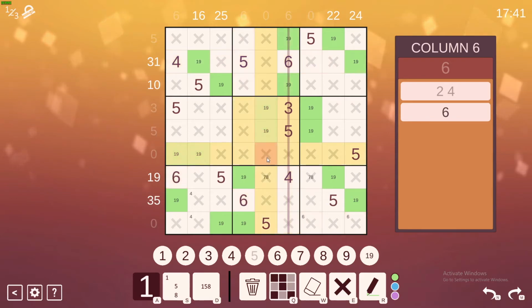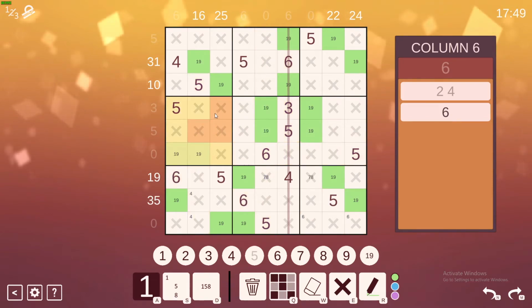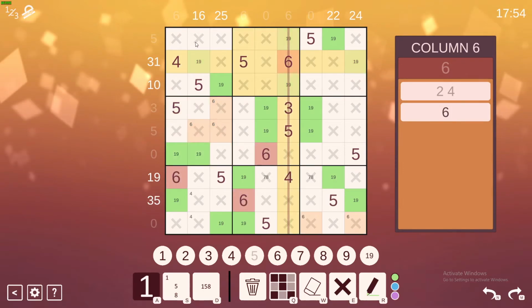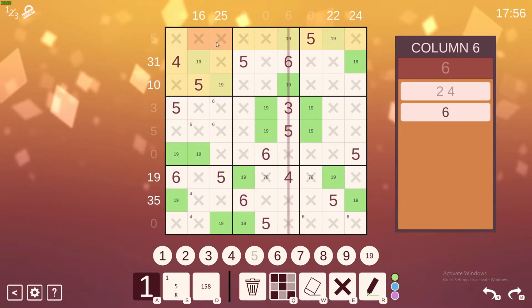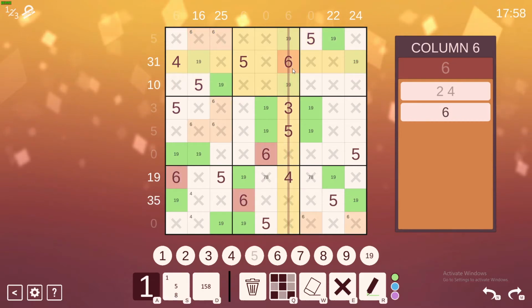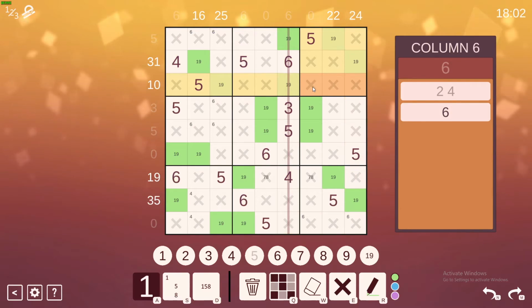We can place a 6 in this box right here. We need a 6 in one of these 3 positions in box 4, and we need a 6 in one of these 2 positions in box 1. That 6 can help us put a line down here of 6s.